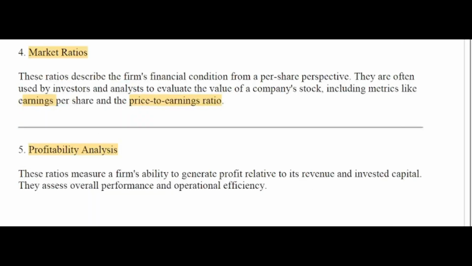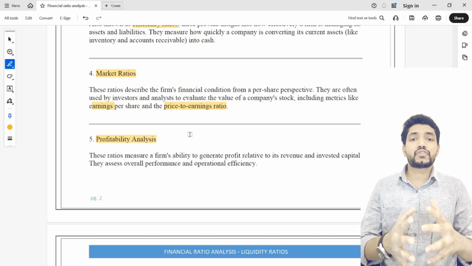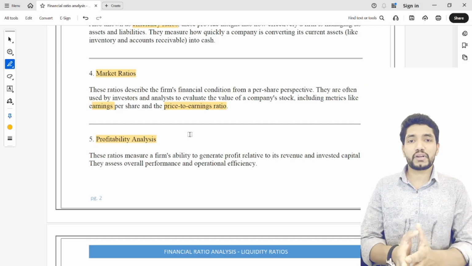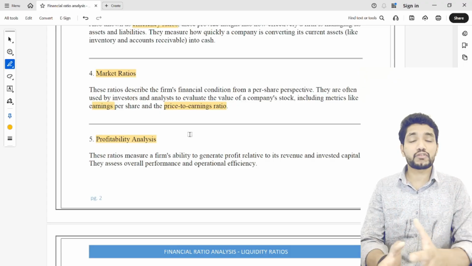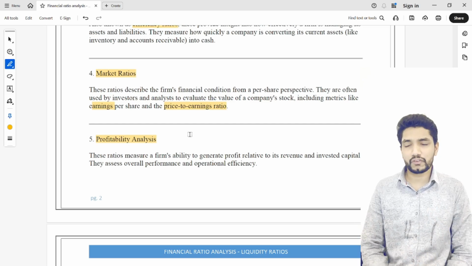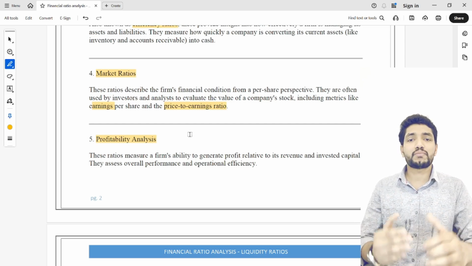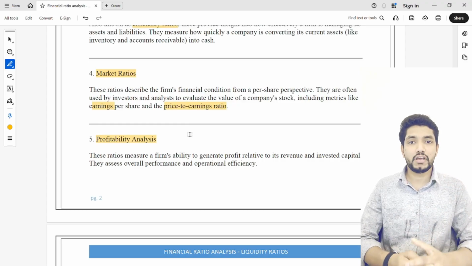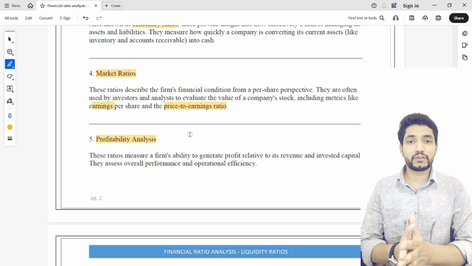The other perspective of financial ratio analysis is profitability ratios. This ratio measures the firm's profitability, like its gross profit ratio, operating profit and net profit, to see how effectively it is managing its operation, its selling price point, and its costs to generate more profit.